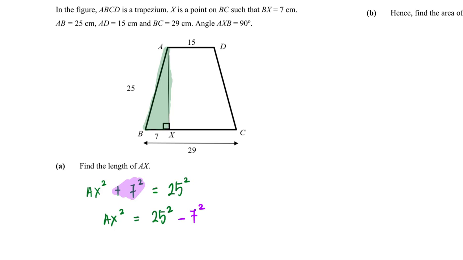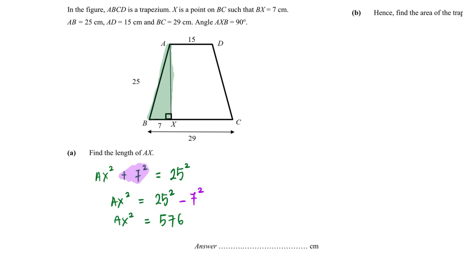And therefore, I would get that AX squared is equal to 576. The last step will be to square root 576 to give me 24 cm.